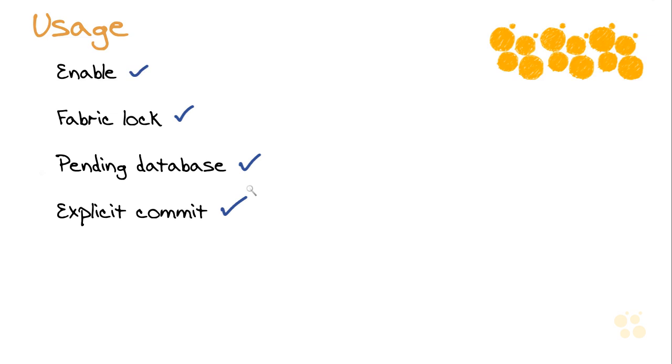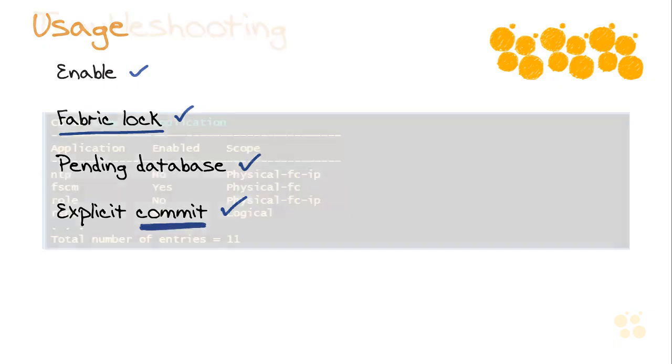And then, of course, there is a release of the lock on the fabric. The changes in this temporary pending buffer, therefore, don't happen until the issuance of the commit operation.